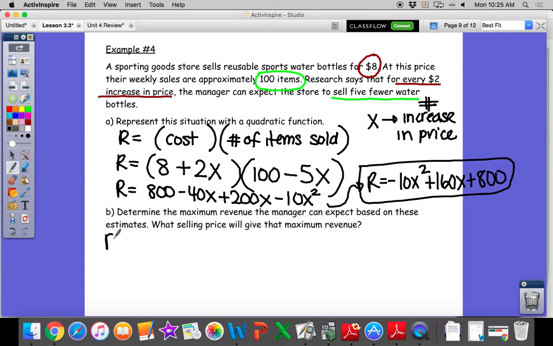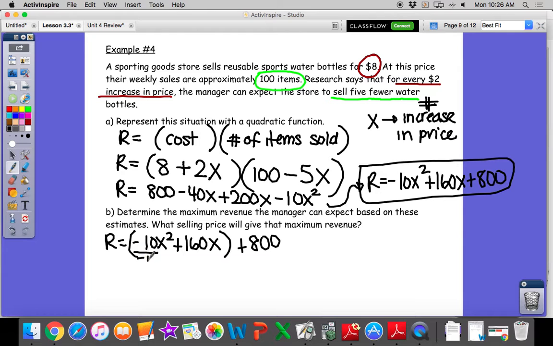So step 1, put brackets around your x squared value and your x value, meaning your ax squared plus bx value. Next, I'm going to divide out the negative 10, which is in front of x squared, from both terms.